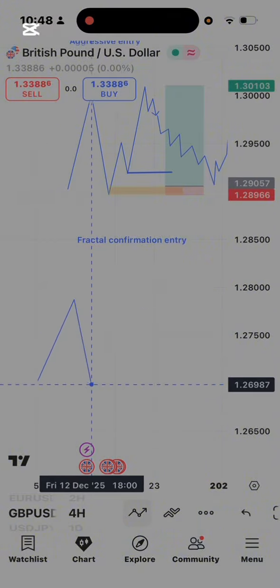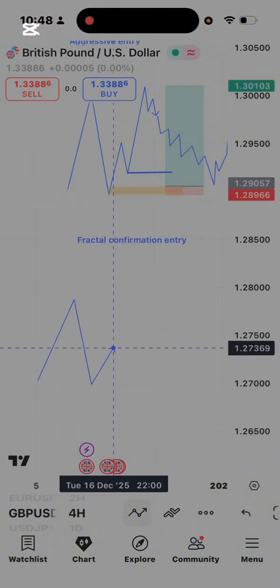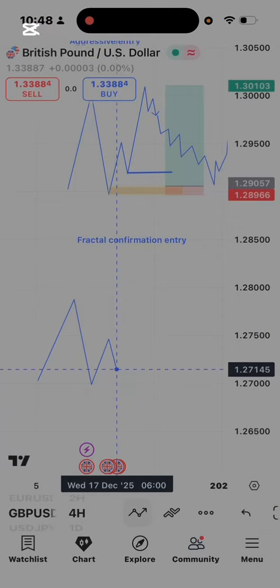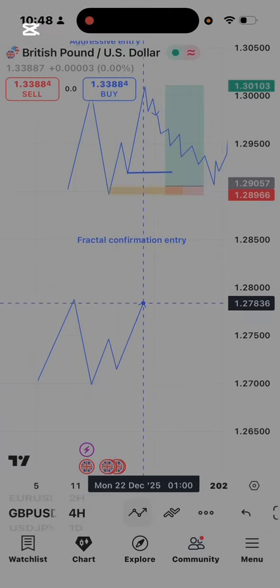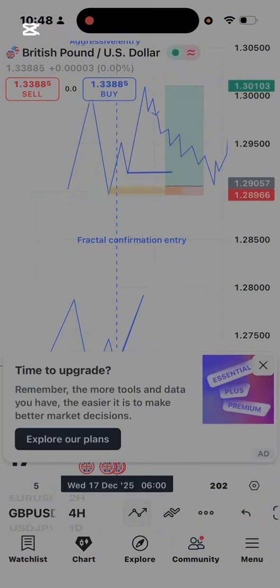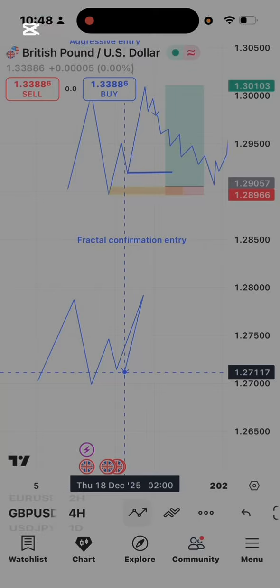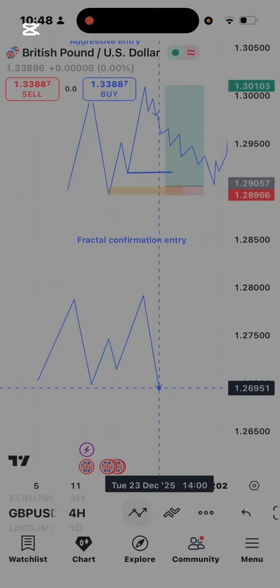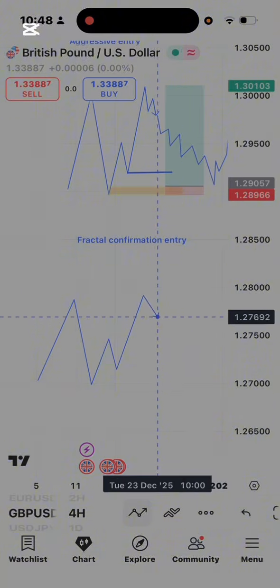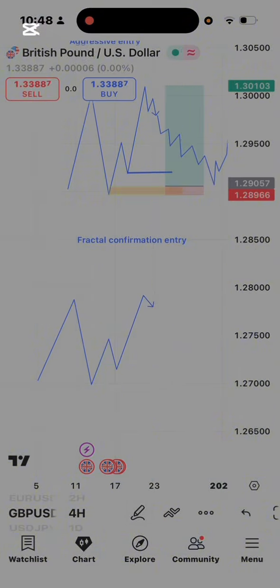You get price creating a block. Price comes back but doesn't mitigate it, leaving with an inducement. Price goes up, takes out the high. Now for price, if it is to come back, what you expect is for price to take out this inducement. The same thing that applied earlier on, right? Takes out this inducement, it goes up. So I'm going to show the difference.